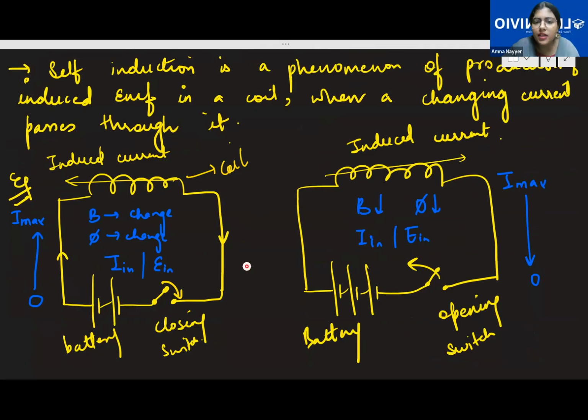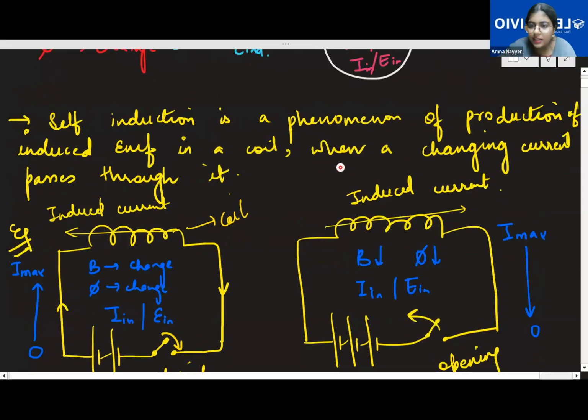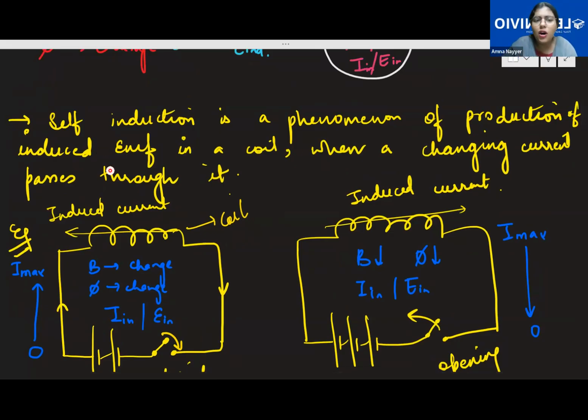We have studied in the Biot-Savart law that a current carrying conductor will produce a magnetic field, which here will increase, here will decrease. So that's why the definition says self-induction is the phenomenon of production of induced EMF or induced current, both, when a changing current passes through it.